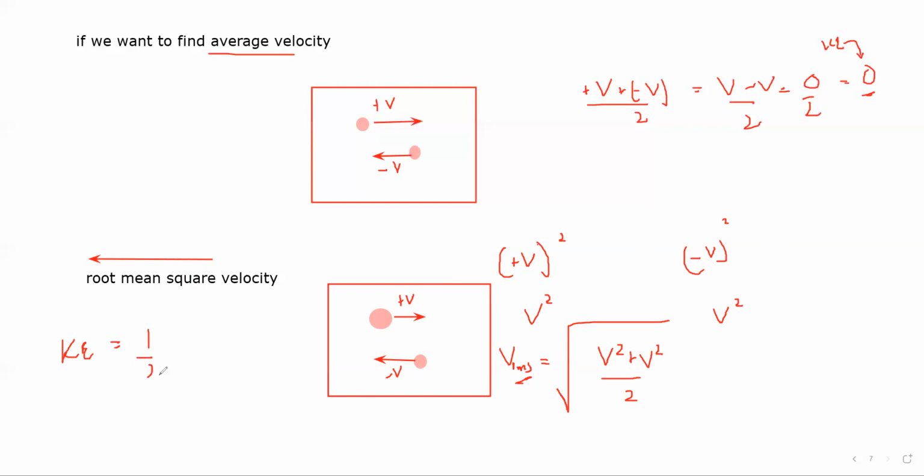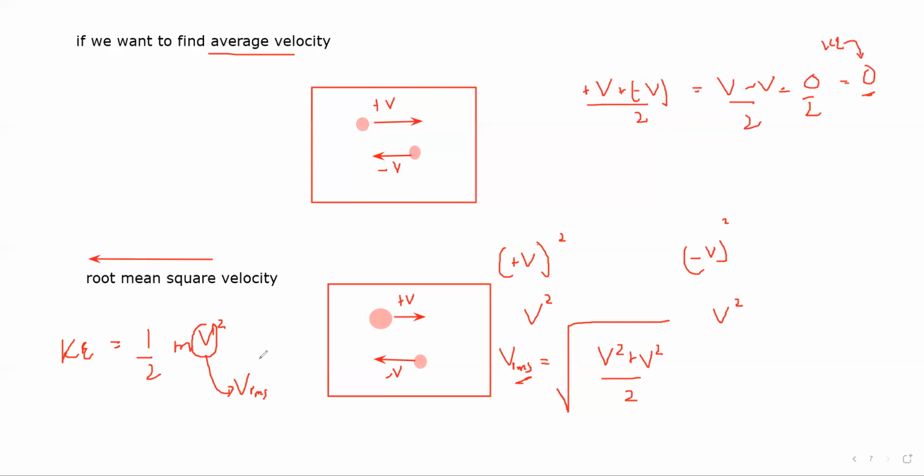So when we are finding the kinetic energy of the gas molecule, we say half mv square. But in place of v, we do not substitute the average velocity. We substitute VRMS, which means root mean square speed. Is it clear?